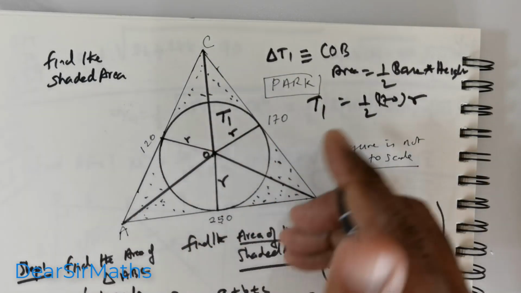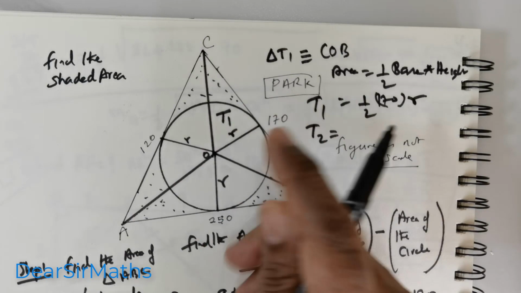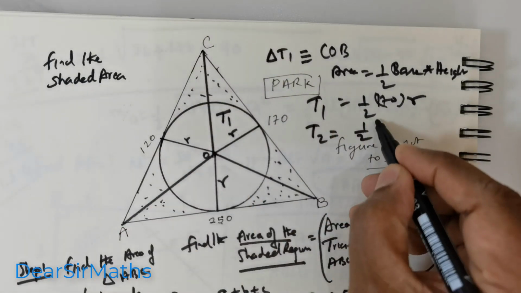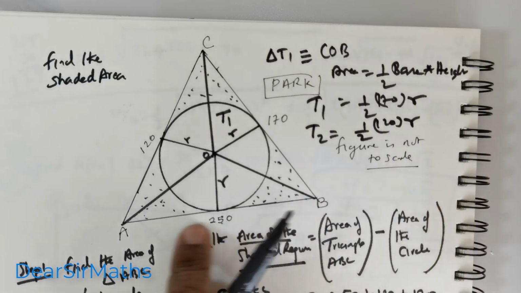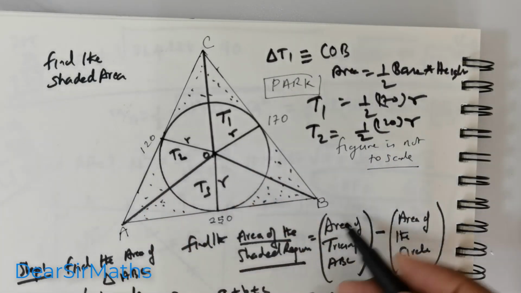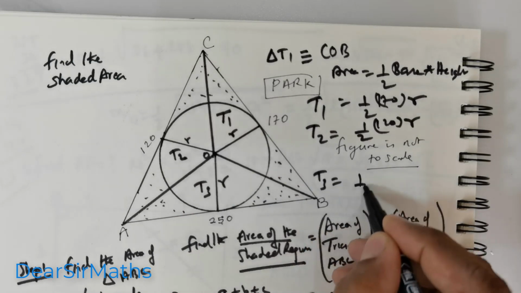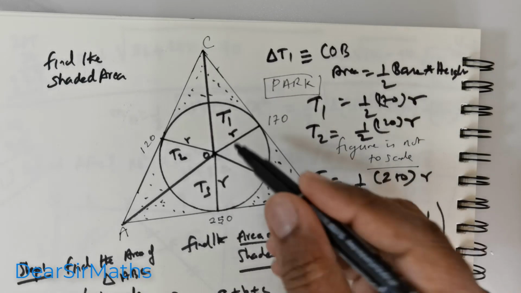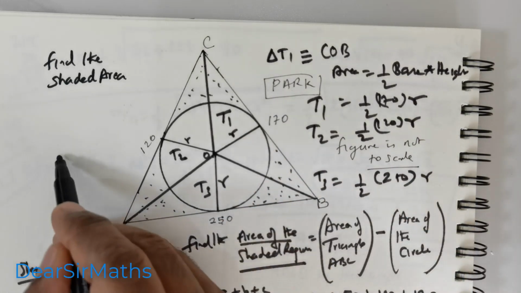Now similarly find what is T2. It's going to be half times 120 times r, right? And what is T3? T3 is going to be half times 250 times r. Now what is T1 plus T2 plus T3?